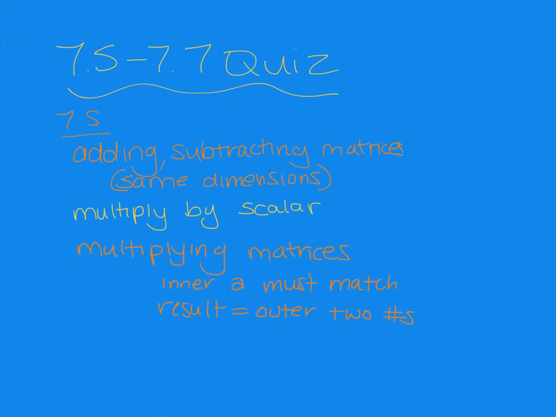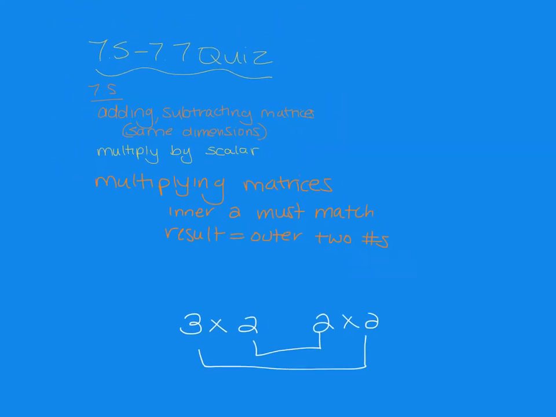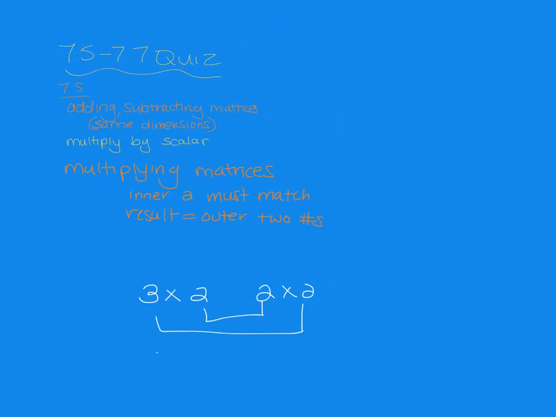So something like a 3 by 2 and a 2 by 2. These match, and your result would be a 3 by 2. You could do a 3 by 1 and a 1 by 4. These match, and your result would be a 3 by 4. Again, make sure you check it before you start working it out.